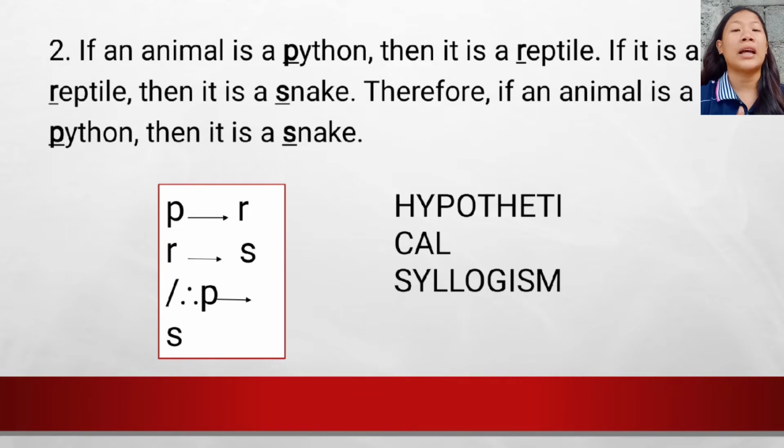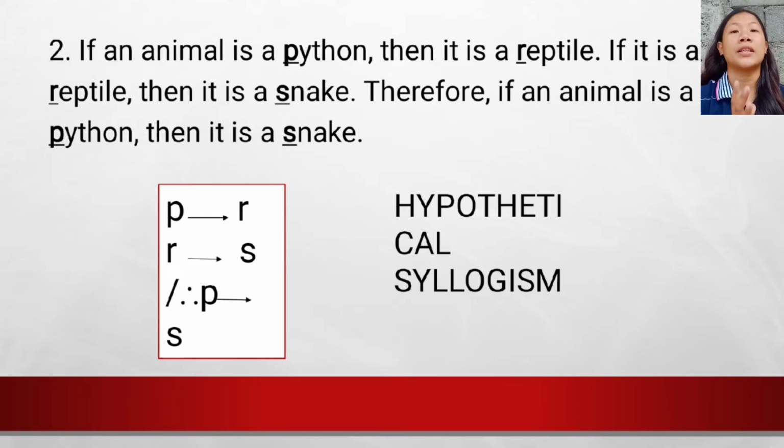Sa if an animal is a python, we have the first antecedent which is the underlined word, letter P. And the next is then it is a reptile. Our consequence here is letter R. So, yung first premise natin is P implies R. So, let's proceed to our next statement which is if it is a reptile, then it is a snake.